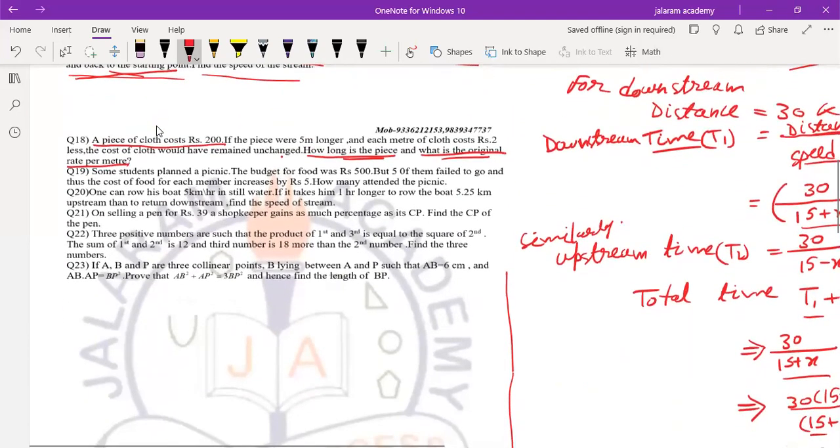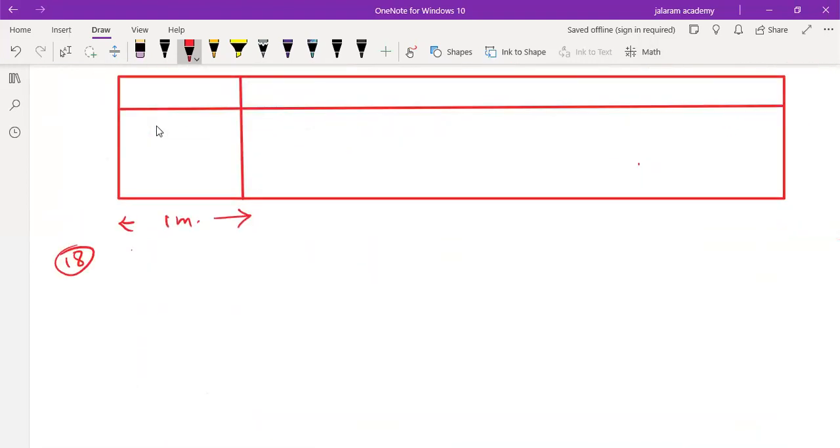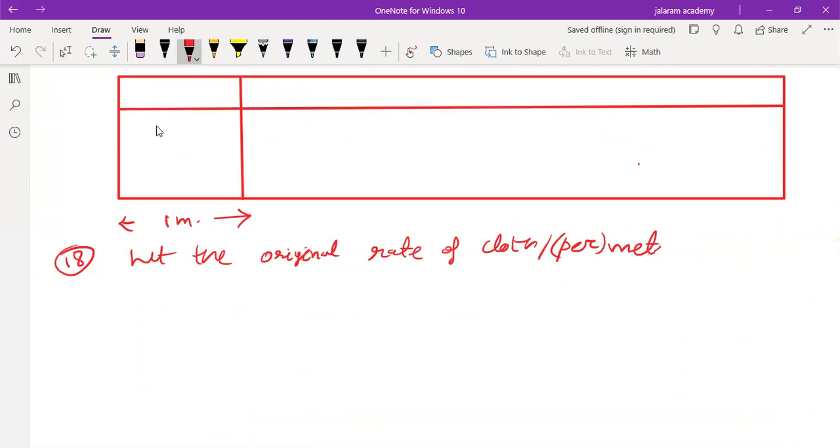So we can assume any one of them, like x. Means if we assume that the original rate per meter of the cloth be x, let the original rate of cloth per meter equals to rupees x, means in x rupees we can buy this 1 meter cloth.